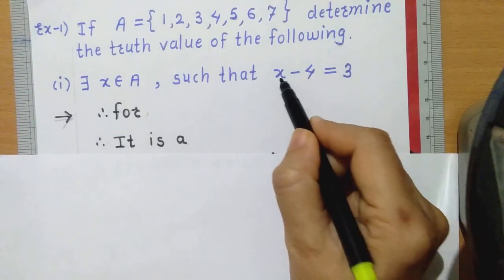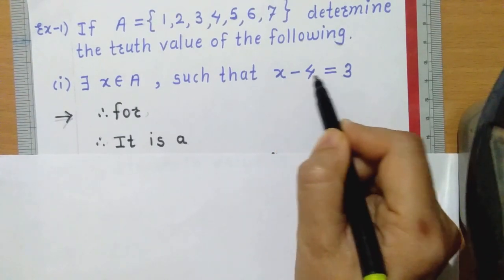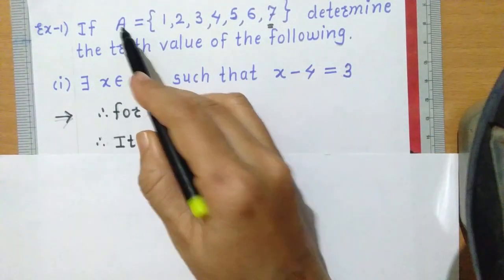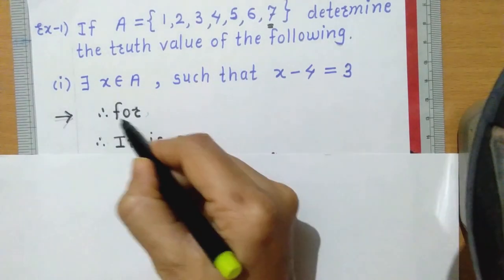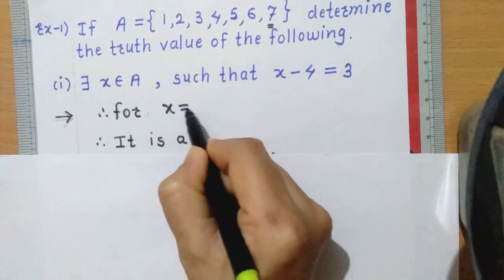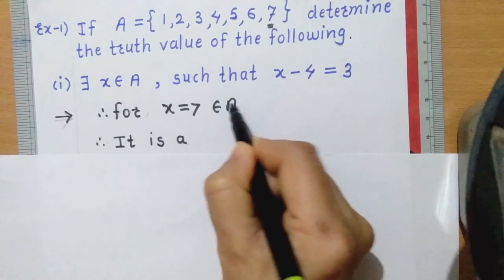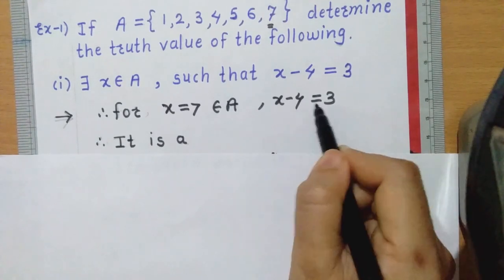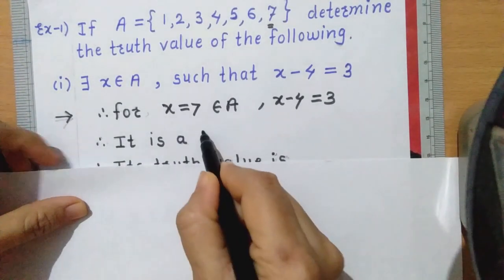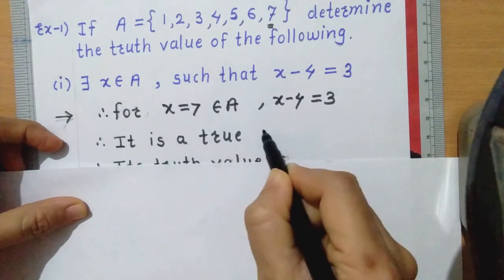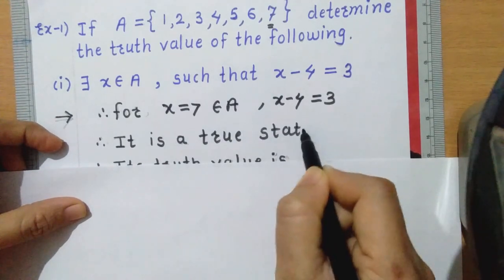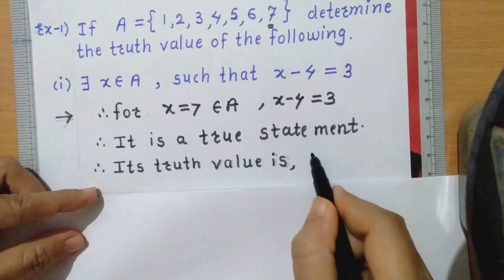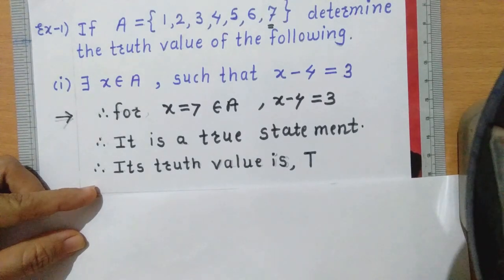Now look here, if the value of x is 7, then this equality will be true, and this 7 lies in set A. So here we write for x equal to 7 belongs to A, x minus 4 is equal to 3. We are getting this value, so it is a true statement, and therefore its truth value is T. Like this you have to write.